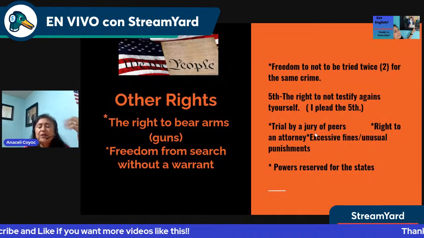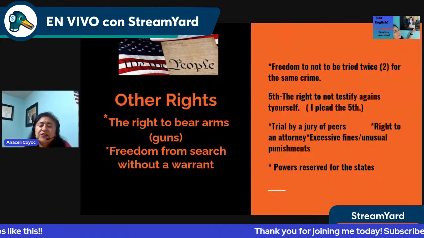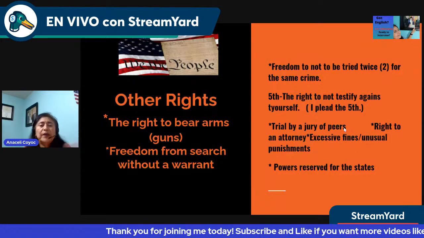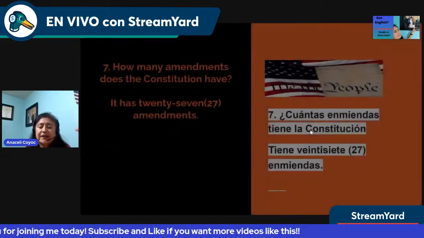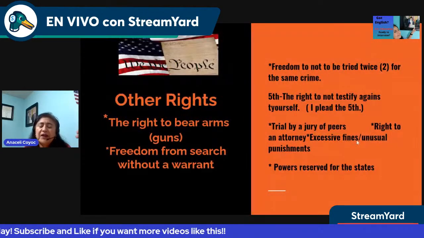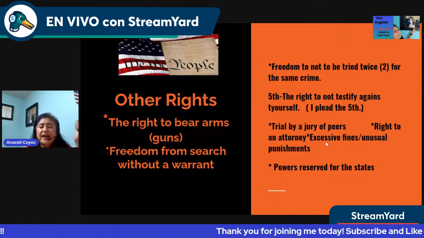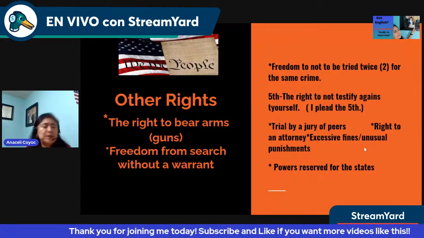Trial by jury. If you are taken to court, you have the right to have a jury of peers, other citizens who will listen to your case and decide whether you are guilty or not. The right to an attorney, the right to not have excessive fines or unusual punishments put on you by the government.